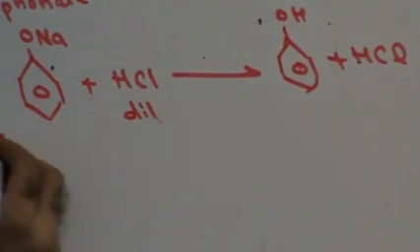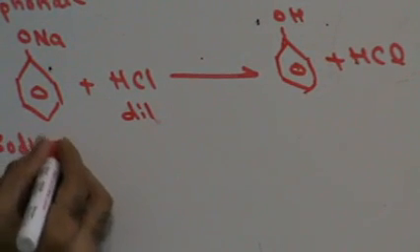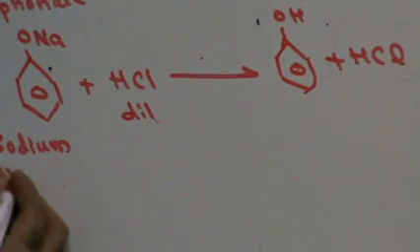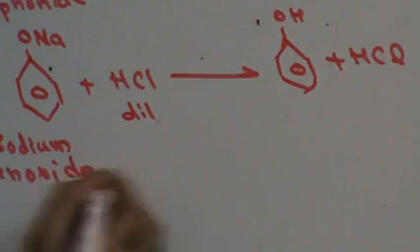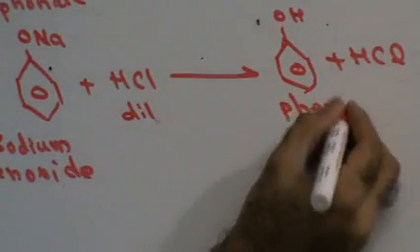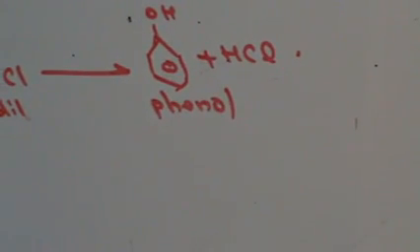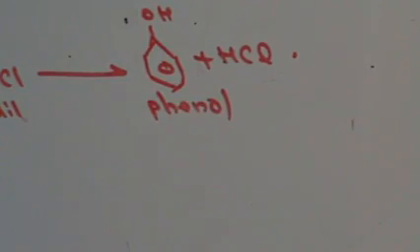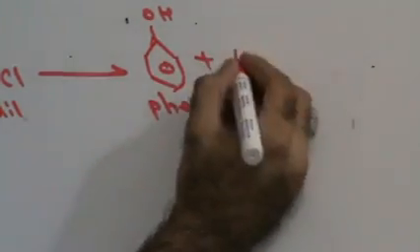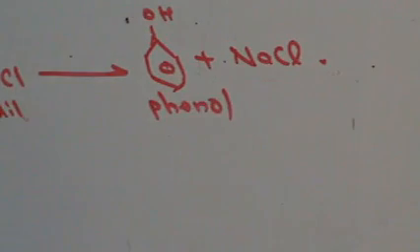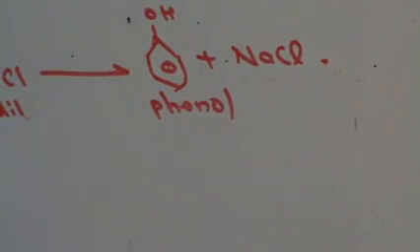Do you get this thing here? So this is how you prepare it. Will it form HCl or NaCl? It will form NaCl, sodium chloride. H has been substituted here, Na goes down here, so it will give you NaCl. So you get phenol and sodium chloride.